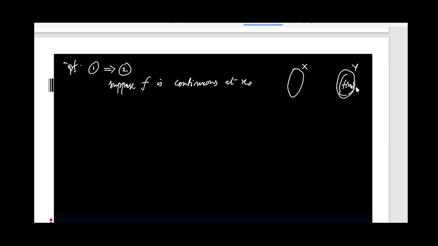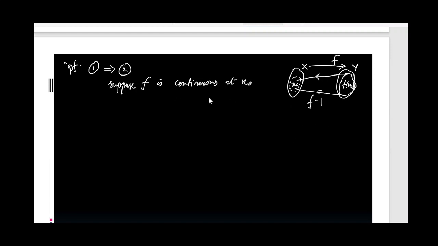Take a neighborhood of f of x naught, find its inverse image. From here to here is f, so from here to here you get f inverse. If that f inverse results in a neighborhood of x naught, then we will say that the function is continuous. That we want to prove.